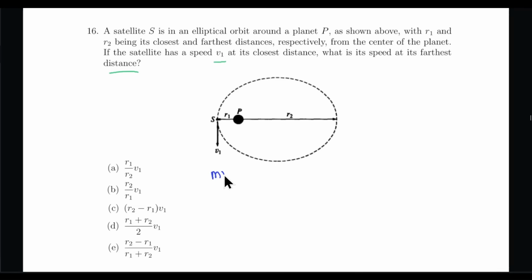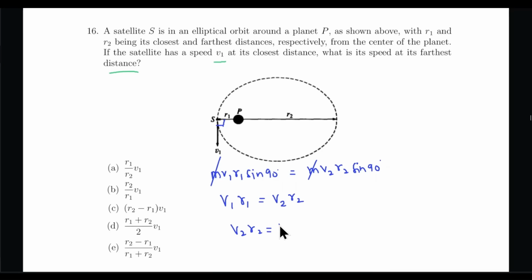So I'm going to say m v1 r1 sine 90, because this is 90, is equal to m v2 r2 sine 90 once again. So m is gone. v1 r1 is equal to v2 r2. Flip the omelette. So v2 r2 is equal to v1 r1, which means that v2 is v1 times r1 over r2. Pretty straightforward, which should be A, I think. Yeah, A should be correct.